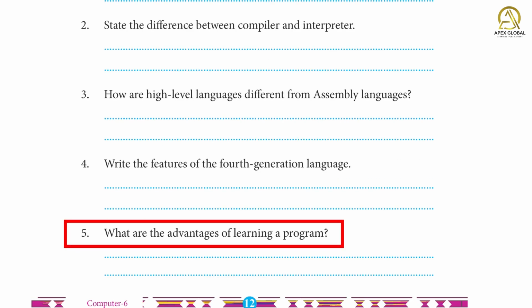What are the advantages of learning programming? Answer: The advantages of learning programming are: 1. It develops analytical thinking. 2. It enhances creativity. 3. Programming develops reasoning skills.